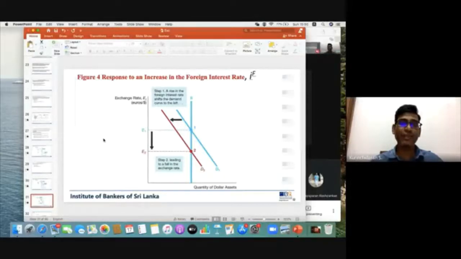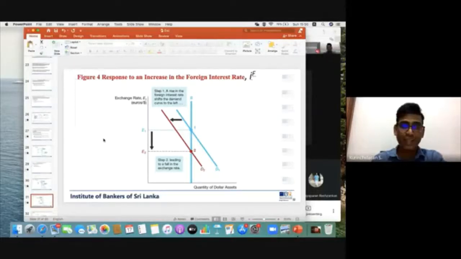So whenever the interest rate of the foreign country increases, that means the euro's expected return increases. So the demand for the euro will increase, whereas the USD demand will decrease.